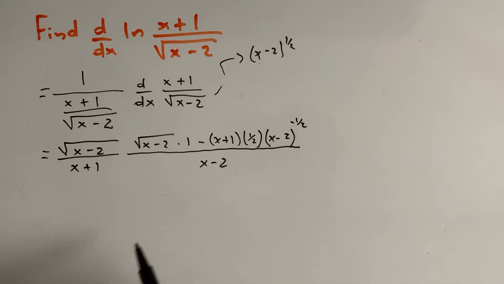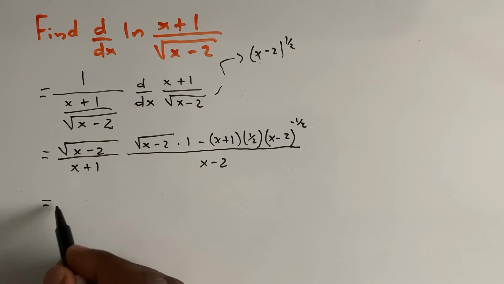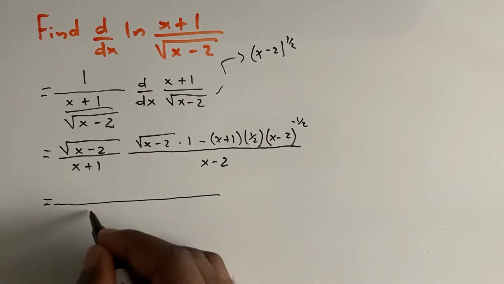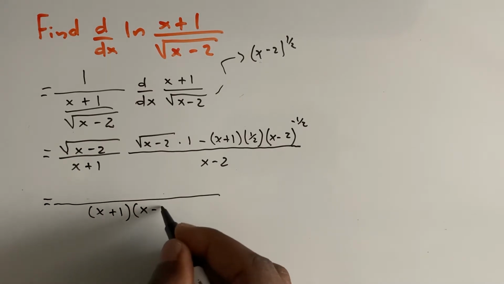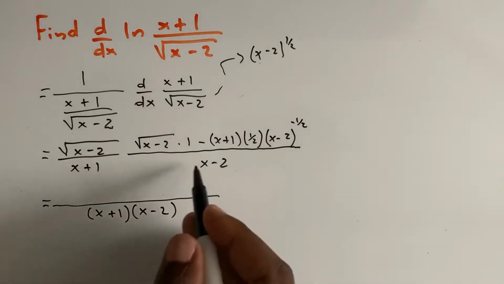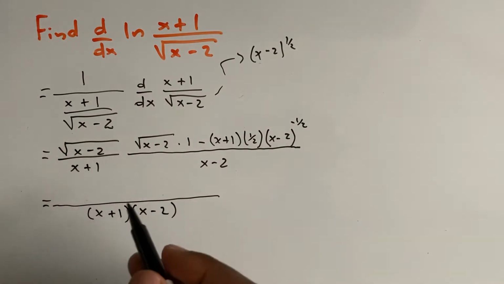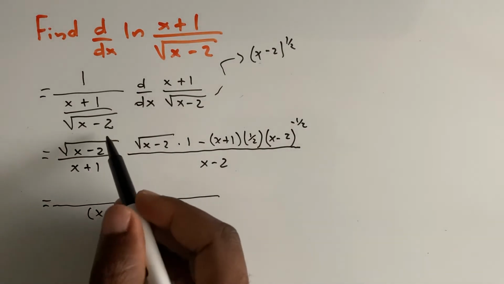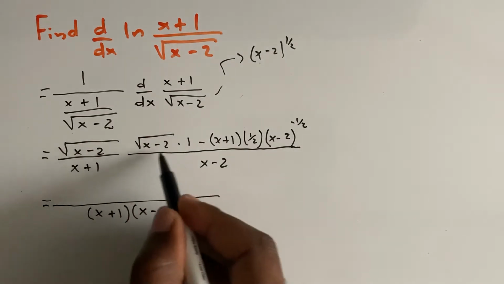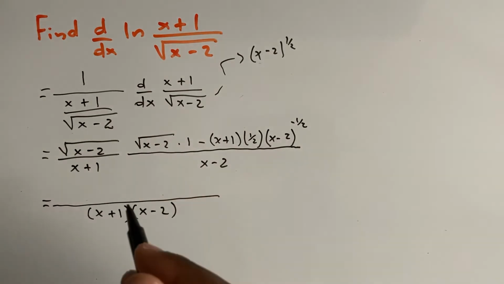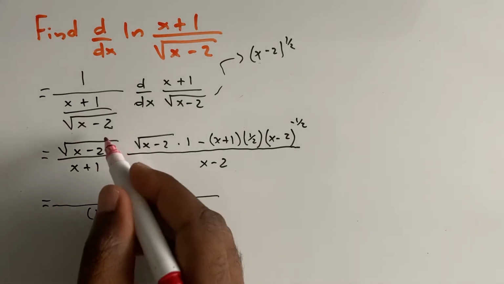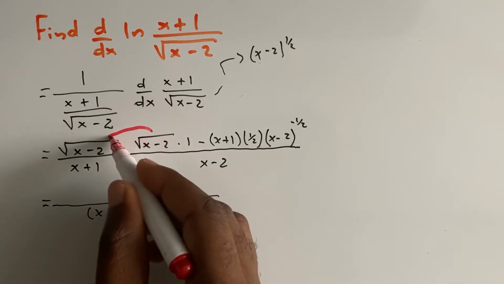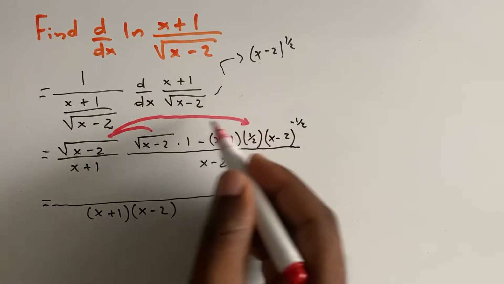The denominator is x plus 1 times x minus 2, multiplying these two. For the top part, this is one part by itself and this is another part, so I distribute: this times this, then the same thing times the other part.